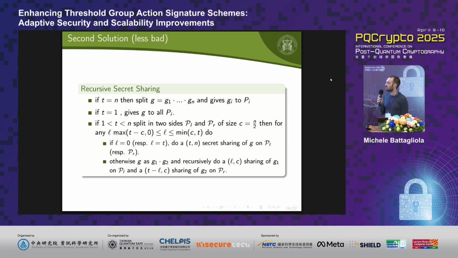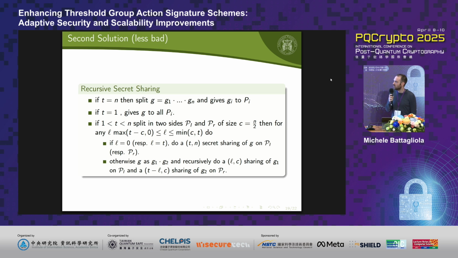So the idea is you split your set of parties in half, P left and P right, of size n over 2, and then you also split your secret in half by computing G as G1 times G2.